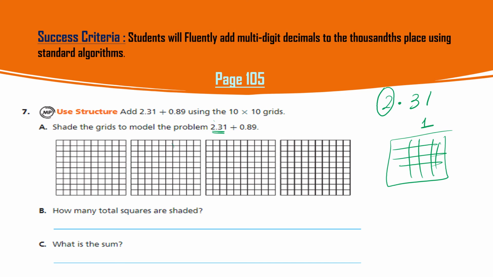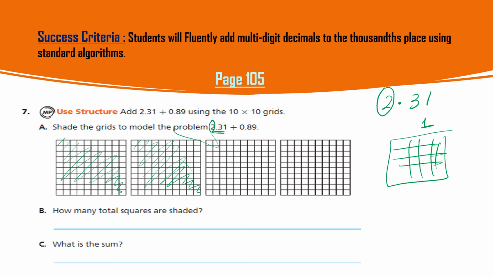So you are going to shade the whole grid. Here how many? This is the whole. That is, two whole grids you shade. So I am shading this whole grid. You shade it properly. And I am shading this whole grid.